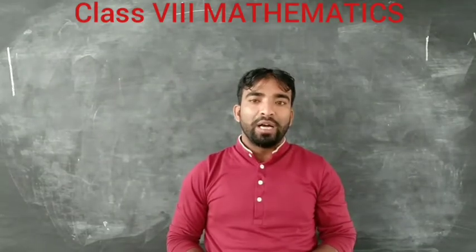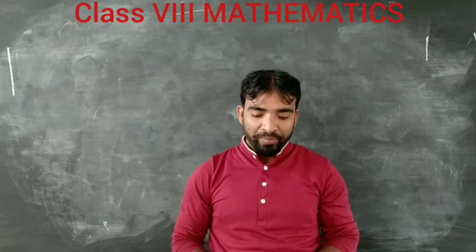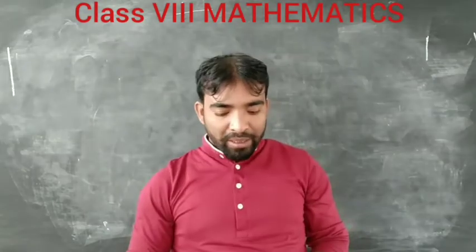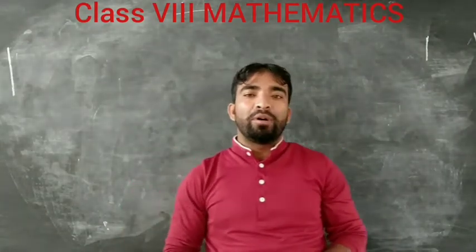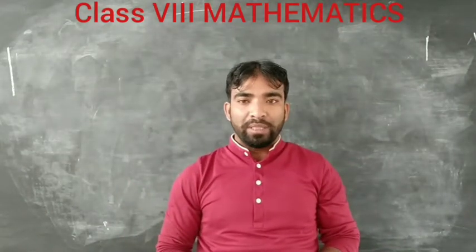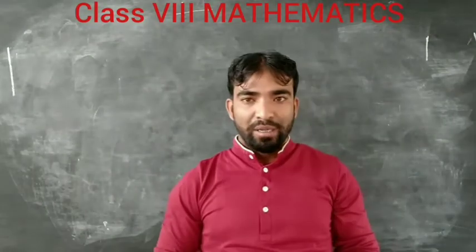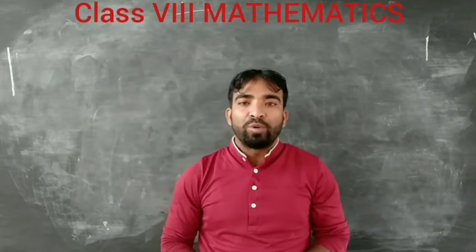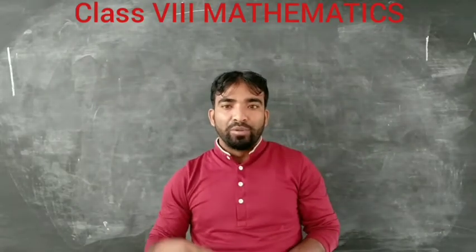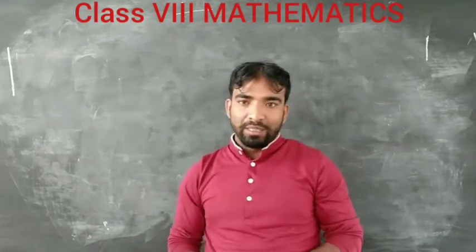How to find the Pythagorean triplet, or what is the Pythagorean triplet? Dear students, to understand the Pythagorean triplet, if you remember the Pythagoras theorem, what is the Pythagoras theorem? In a right angle triangle, the sum of the squares of the smaller two sides will be equal to the square of the greater side.